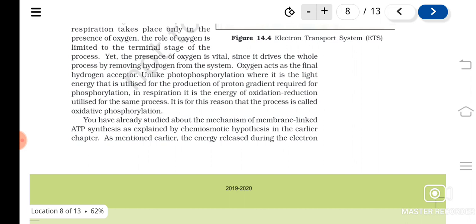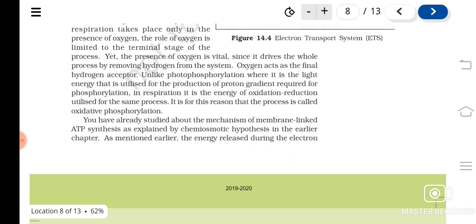Here also a proton gradient is created, but the energy for this comes from the oxidation reduction, as the electrons pass from complex 1 to 4, and that is used for creating the proton gradient.